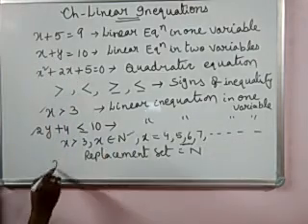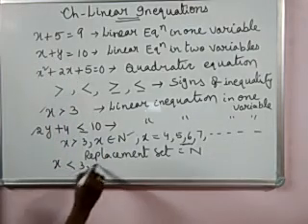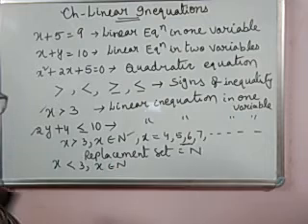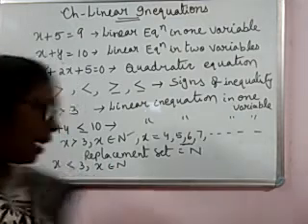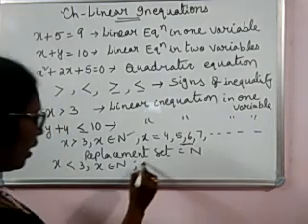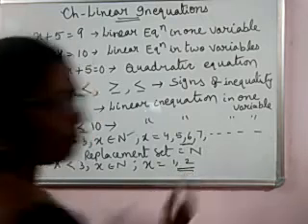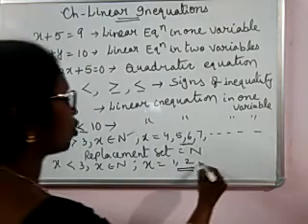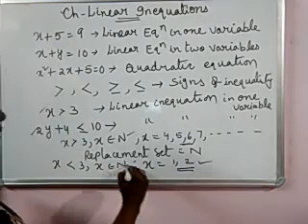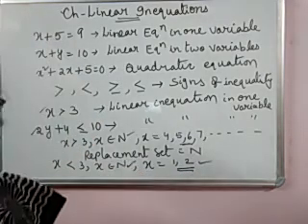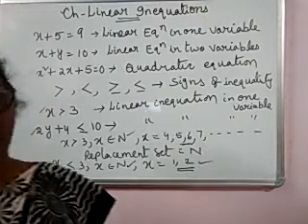Suppose I give you x is less than 3, x belongs to natural numbers. What are the natural numbers less than 3? Here the natural numbers less than 3 are 1 and 2. So 1 and 2 is the solution, and natural numbers is the replacement set.